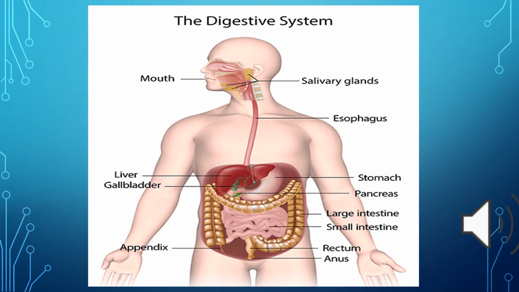Dear students, the food that is digested and softened too much is given to the small intestine, from where it is given to the bloodstream for distribution throughout the body, while the undigested food is given to the large intestine, from where it comes to the rectum and is excreted out through the anus.